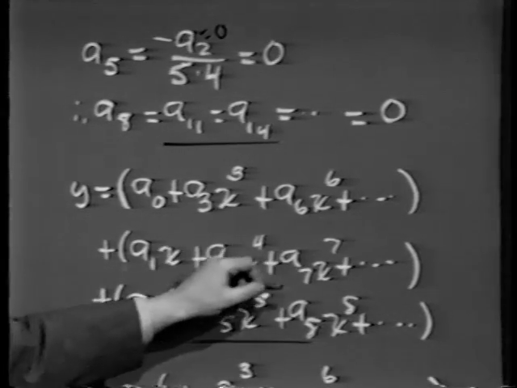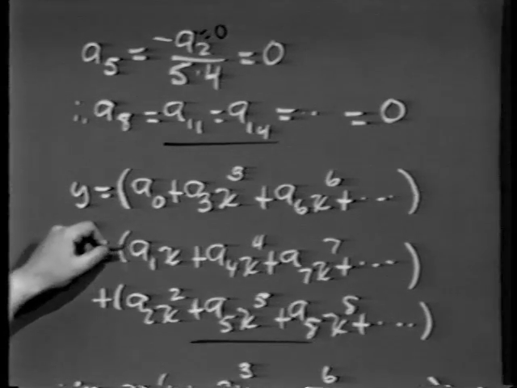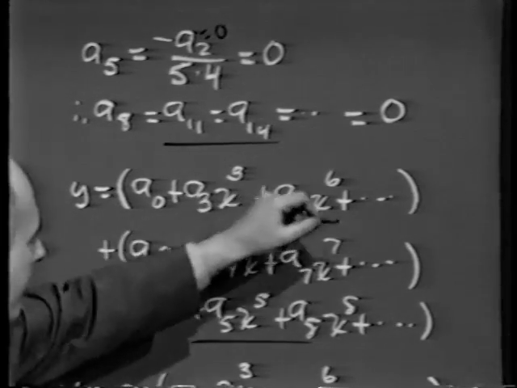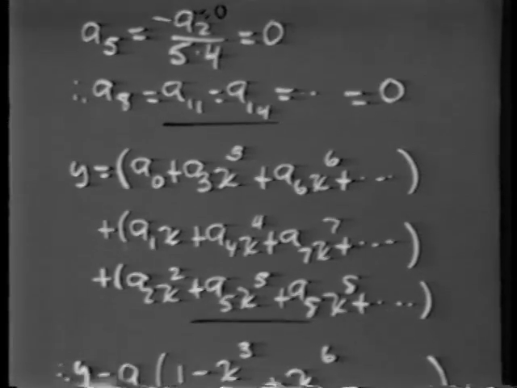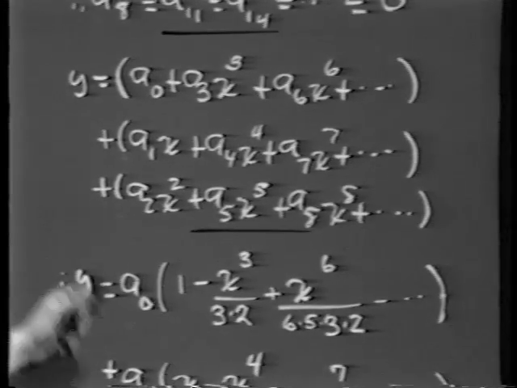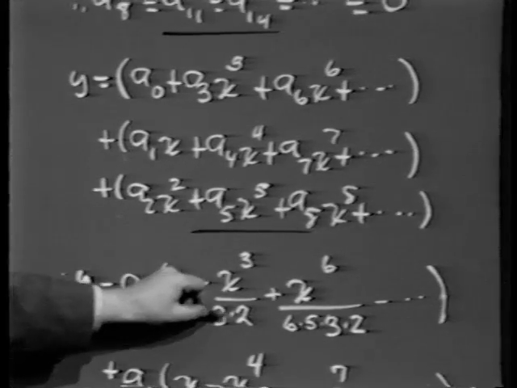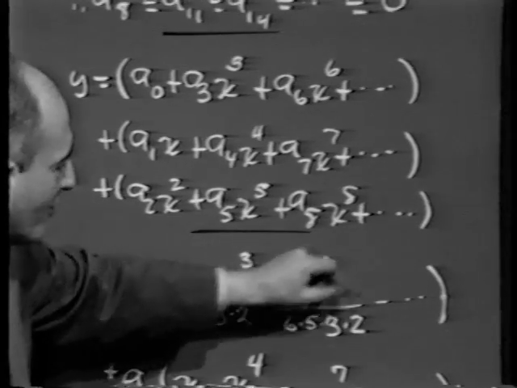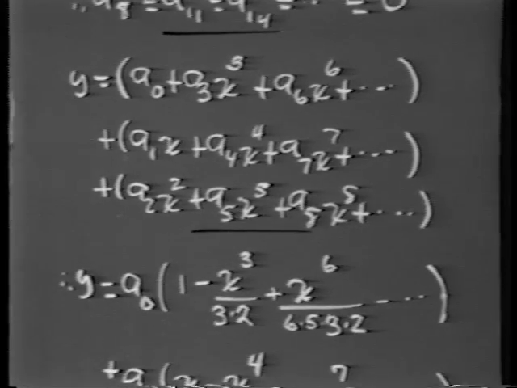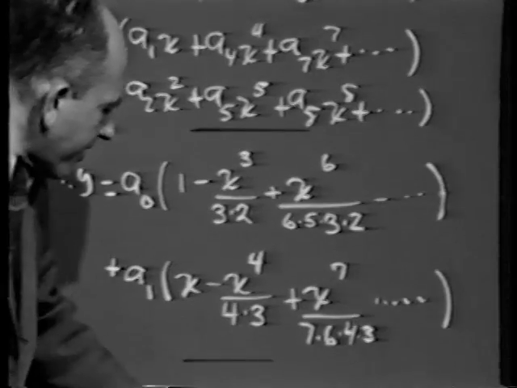Replacing a4, a7, etc. by what they look like in terms of a1, and a3, a6, etc. by what they look like in terms of a0, I wind up with y equals a0 times 1 minus x cubed over 3 times 2 plus x to the 6th over 6 times 5 times 3 times 2, etc., plus a1 times this thing here.